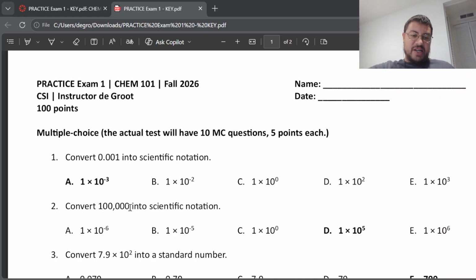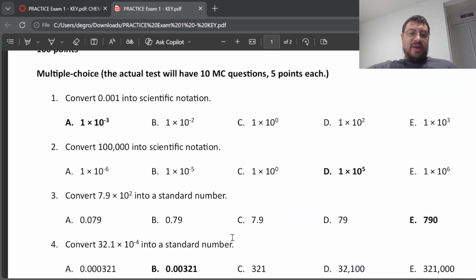So we can imagine a decimal point to the right of all the zeros. We're going to keep moving it until it's right next to that 1. So we go 1, 2, 3, and commas are convenient because they help you count in threes. 4, 5. We moved it 5 times, so it's 1 times 10 to the positive 5th power.